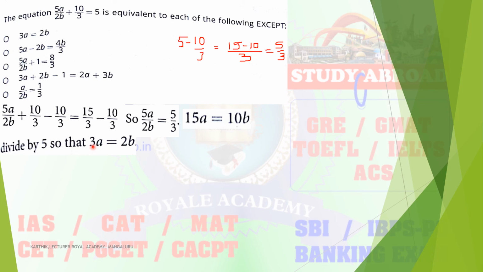If you take the value of a equal to 2, the left hand side value is 3 times 2, which is 6. For the right hand side, b is equal to 3, and 3 times 2 is 6. So 6 and 6 are equal, so the left hand side is equal to the right hand side.